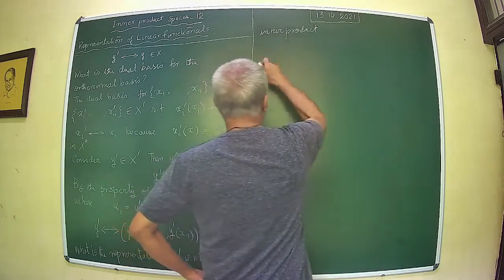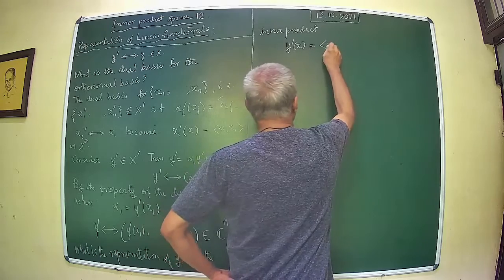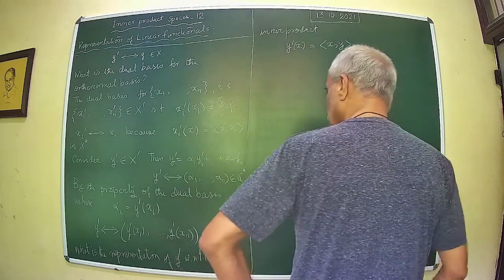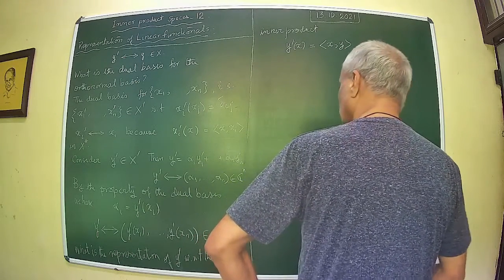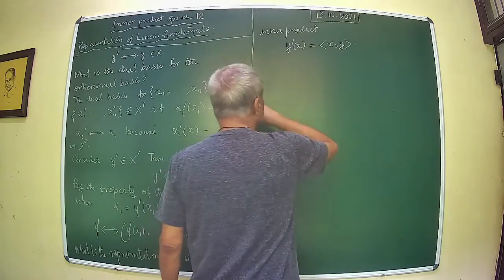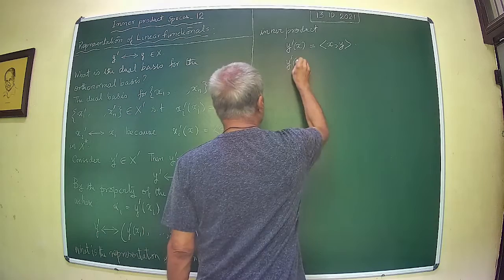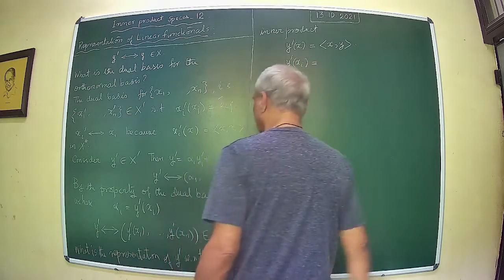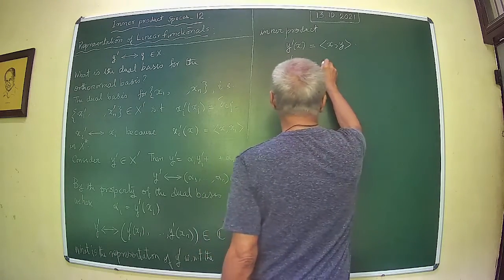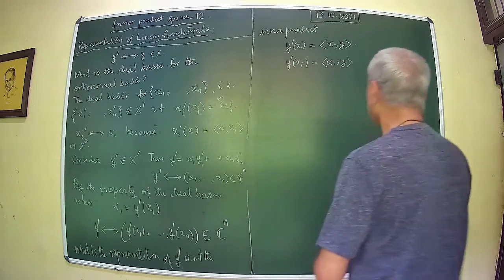See, y prime of x, so what is this? This is what we have to see. Okay. Now, suppose, okay, therefore you see that y prime of xi is equal to the inner product of xi with y.